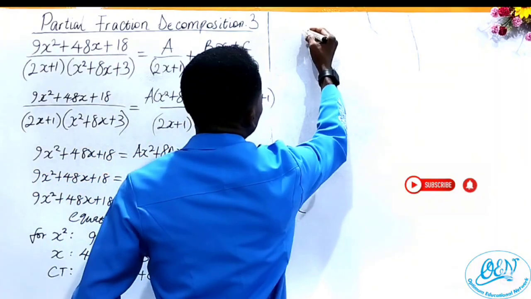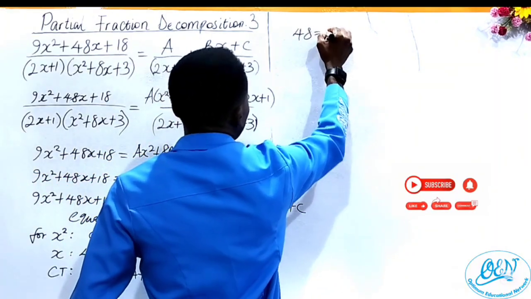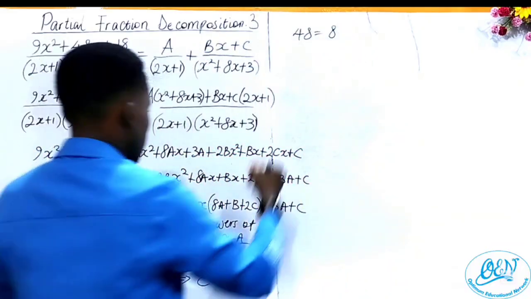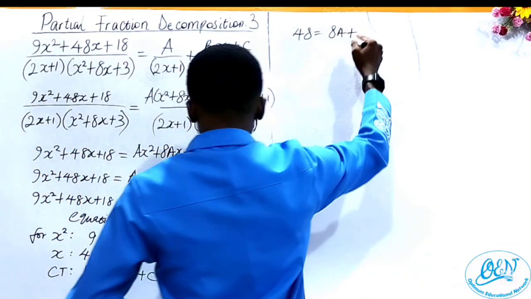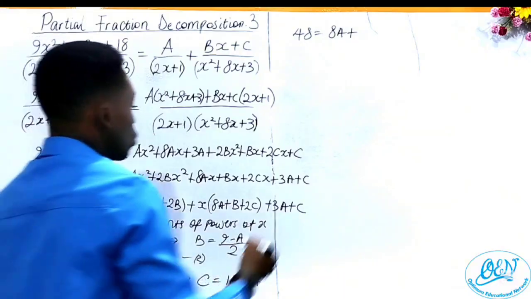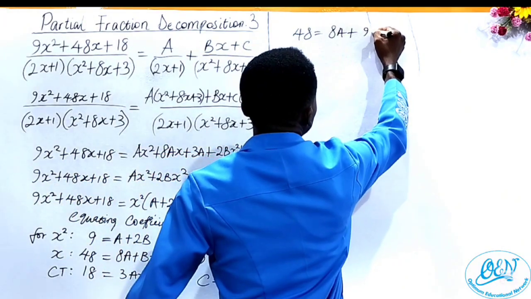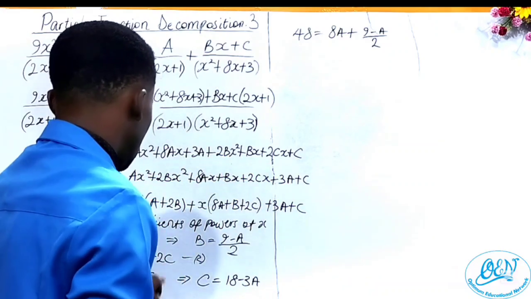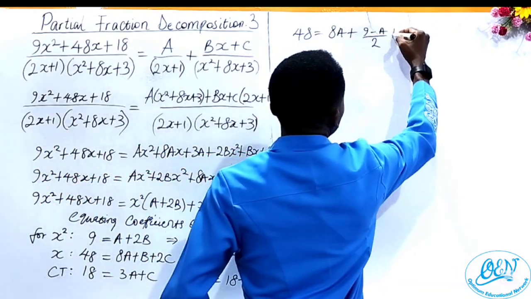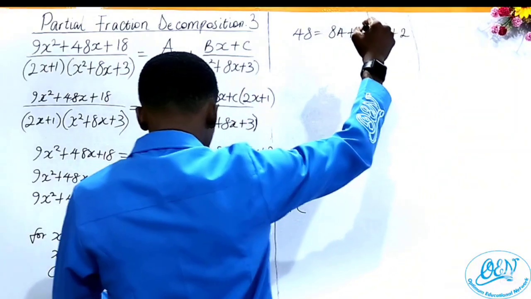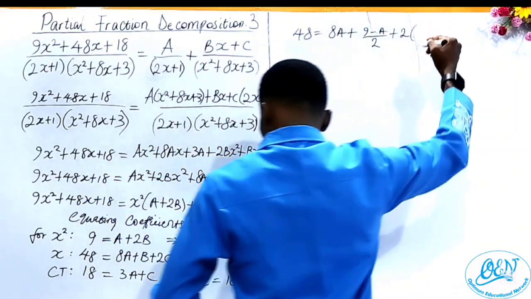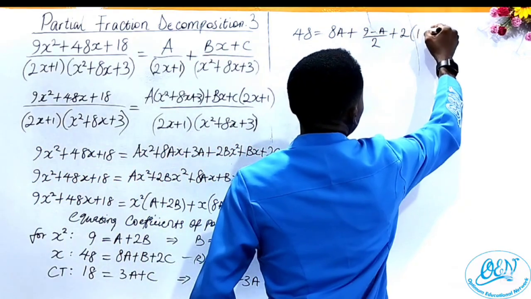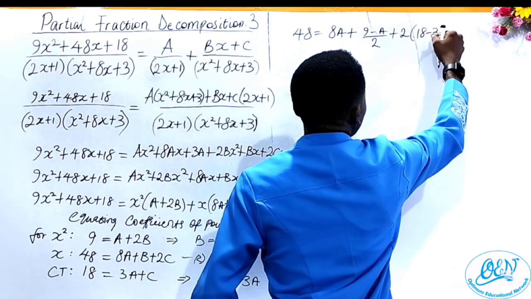Putting this into this equation, I have 48 is equal to 8a plus b, which is 9 minus a over 2, plus 2c. 2c is plus 2 times 18 minus 3a.